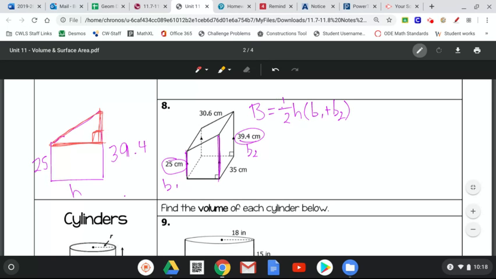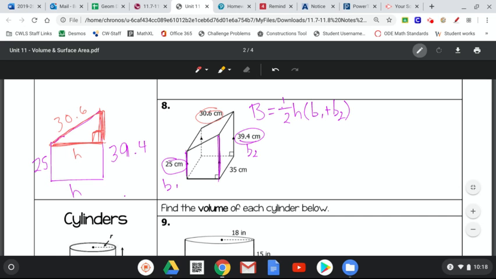Now, we have a right triangle there. We know that the hypotenuse is 30.6, okay, 30.6. And we know this is our height. That's what we're trying to find. And this other side over here, all right, we have to figure that one out to use the Pythagorean theorem.